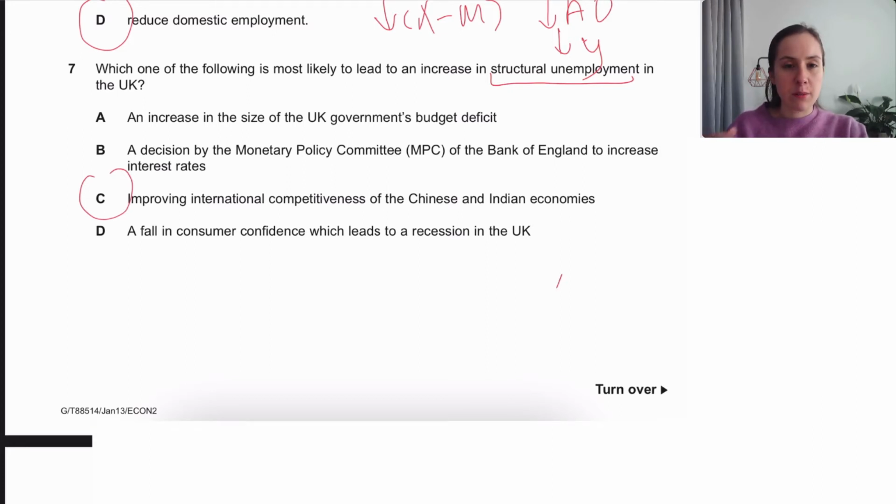So these countries compete very well in low-cost manufacturing products and manufacturing products in general. So that's going to eat away any market that the UK has. And over time, anyone who is working in those industries in the UK will possibly lose their jobs.